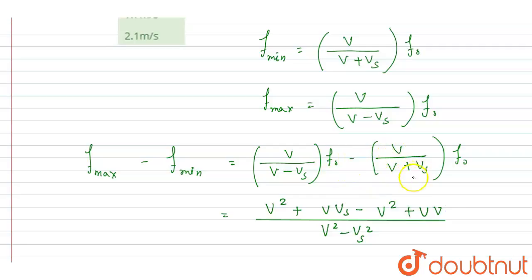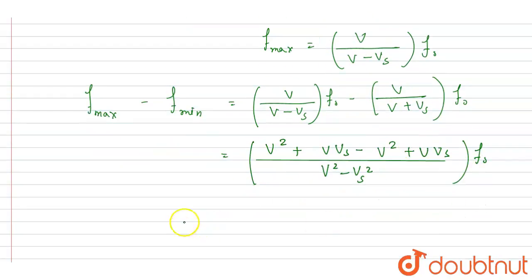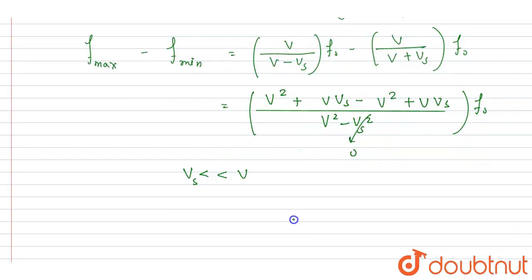If you take this minus sign inside, you will get this times f naught. Since vs is very much less than v, you can ignore the vs square term, and the final expression you will get is 2 v vs by v square times f naught, right?